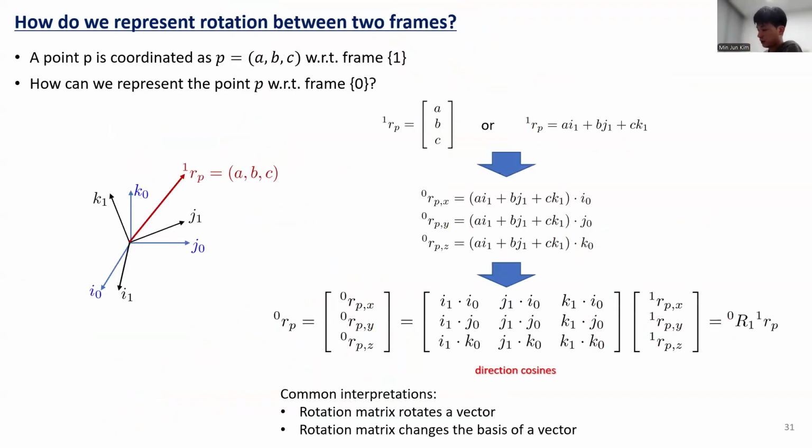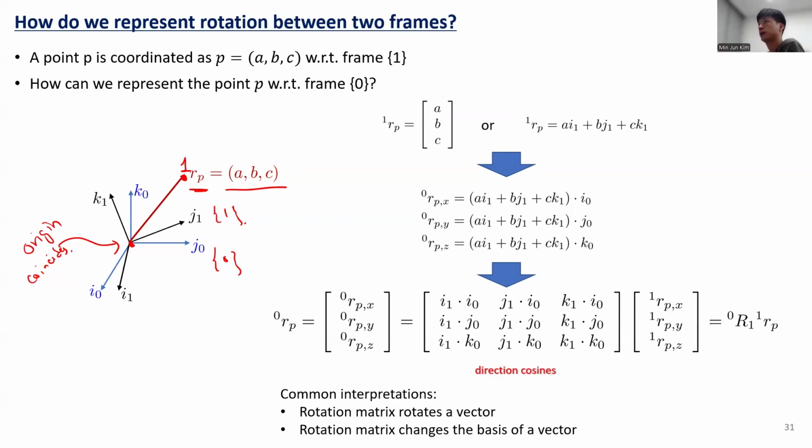All right, here's the rotation matrix. Now we have two frames again, frame 0 and frame 1, and their origins coincide. There's a point P. Let's say the vector pointing to P with respect to frame 1 is ABC.